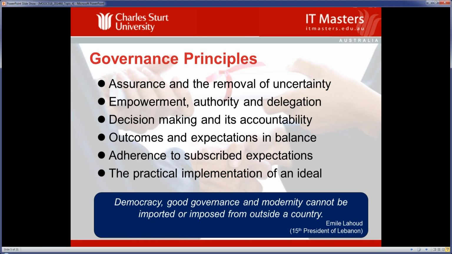Emile Lahoud was president of Lebanon, and I think for him, as you can imagine, the issue of having things imposed from an external perspective was quite relevant during his term of the presidency of Lebanon. But the point here is he's saying democracy, good governance, modernity cannot be imported or imposed from outside.